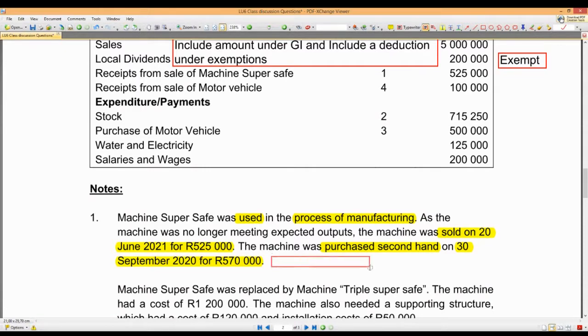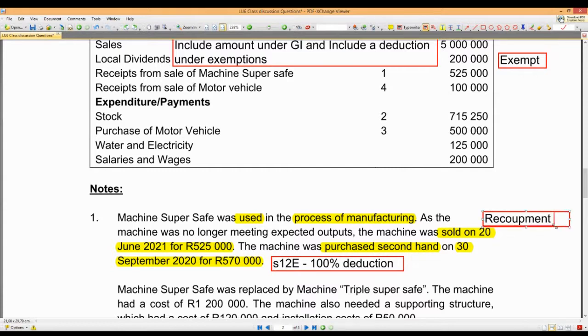So that means in terms of section 12E, we would have 100% deduction in this year for the capital allowance. But because we then disposed of it, we also have a recoupment.